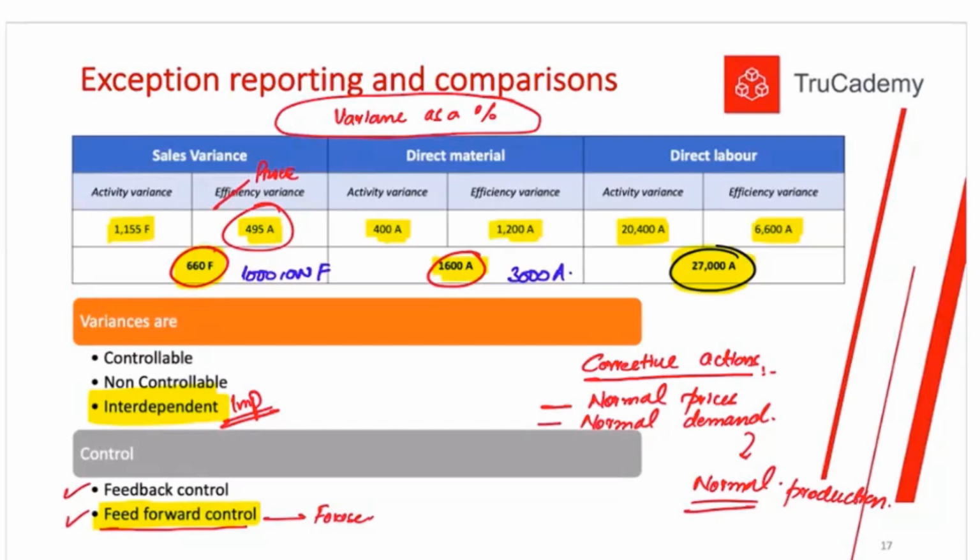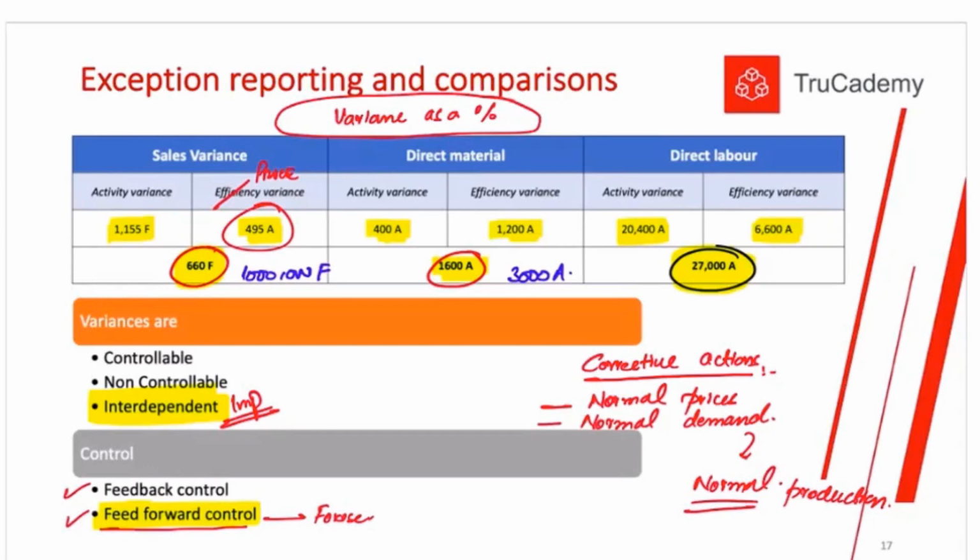Now the thing is, which variances should we report? If I'm a cost accountant and we have lots of different types of expenses and sales revenue, maybe I'm calculating 50-60 variances for an organization. Should I report all the variances to the manager? That would be pretty much a waste of the manager's time.